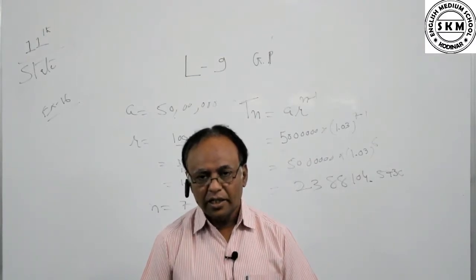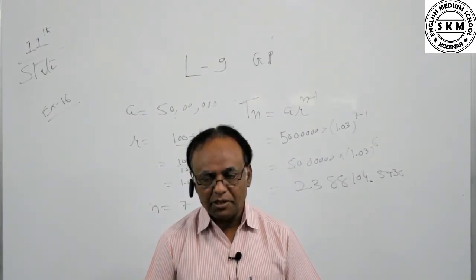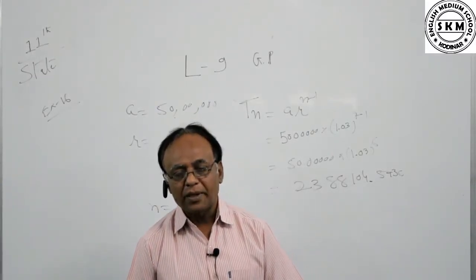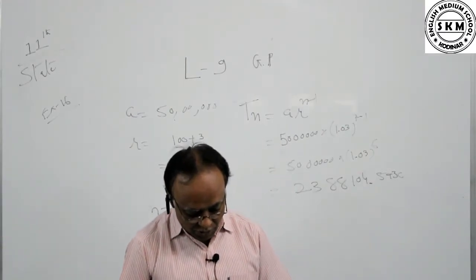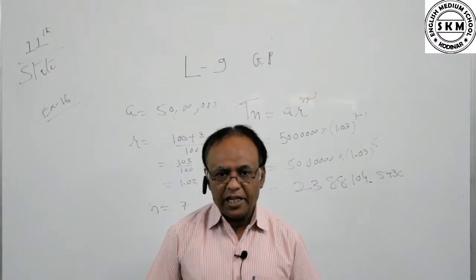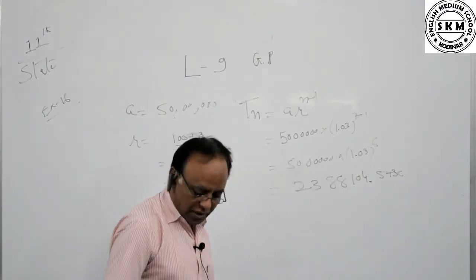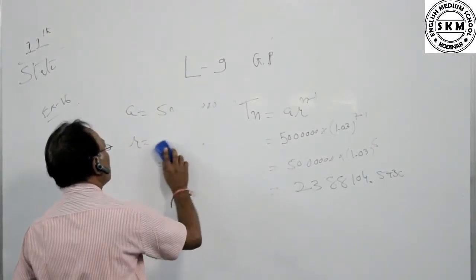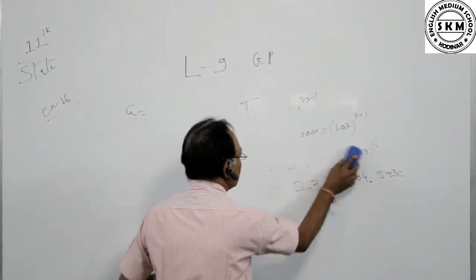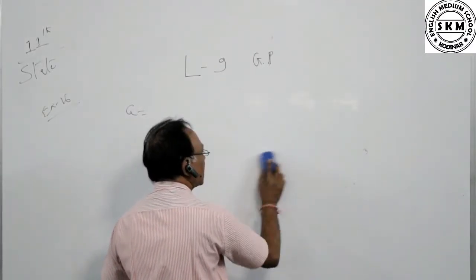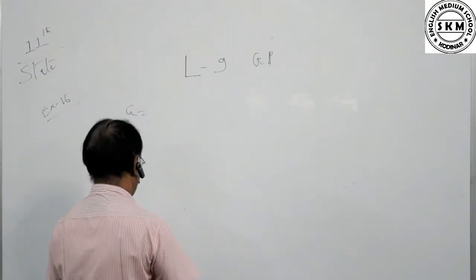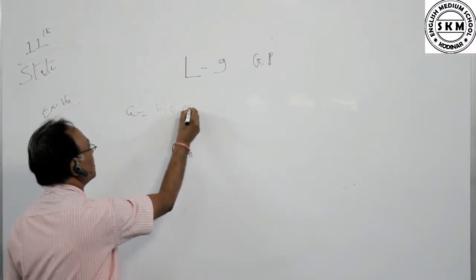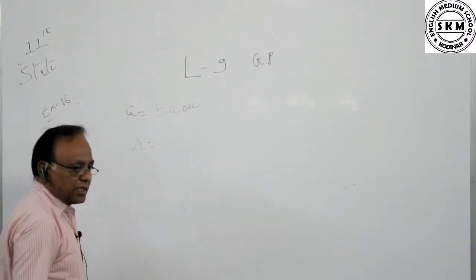After 7 years. In previous examples I also discussed after 6 years, so we took 6 plus 1. Here, after 7 years means 7 plus 1, which is 8. So the beginning price of the machine is given, 50,000. So A is equal to 50,000. Now R is given.